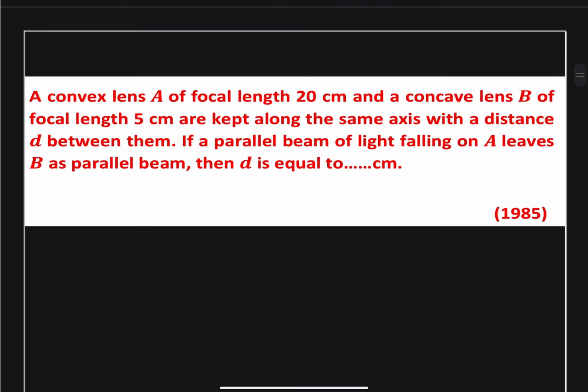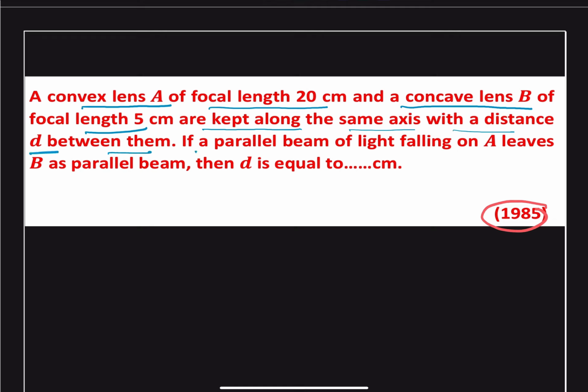This question was asked in the year 1985, and it states that a convex lens A of focal length 20 centimeter and a concave lens B of focal length 5 centimeter are kept along the same axis with a distance d between them.